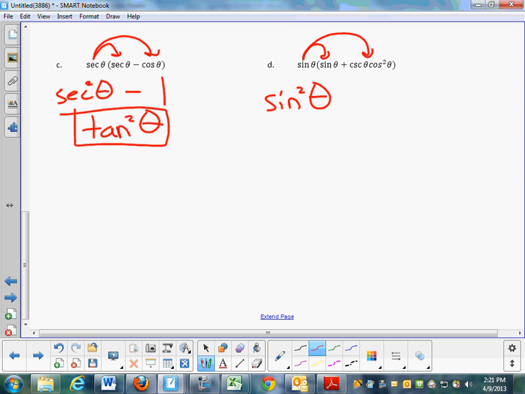If I take sine times cosecant cosine squared, I get just cosine squared of theta. And sine squared plus cosine squared is equal to 1. It's right on your sheet, problem number 5.